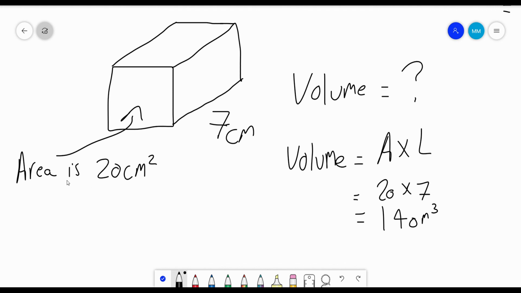In fact, the full title of this is area of cross section, but an examiner will understand. You've done A times L, 20 times 7 equals 140 meters cubed. They'll get the picture.